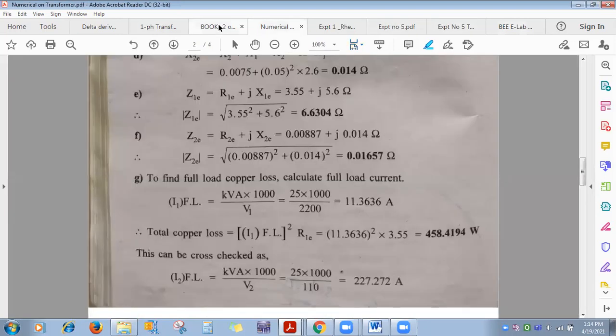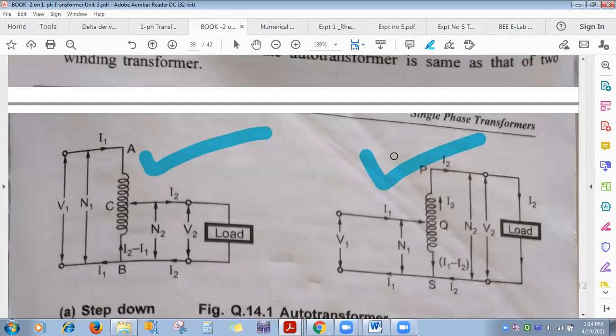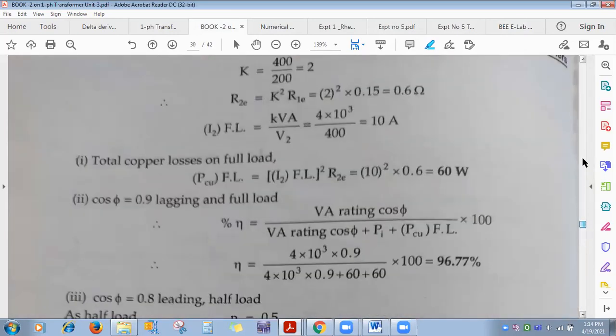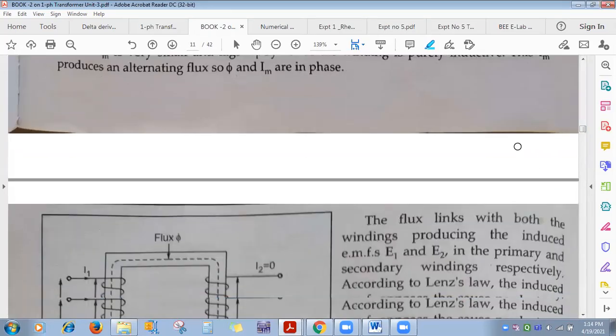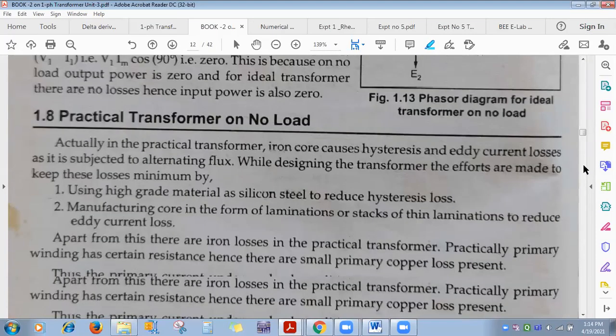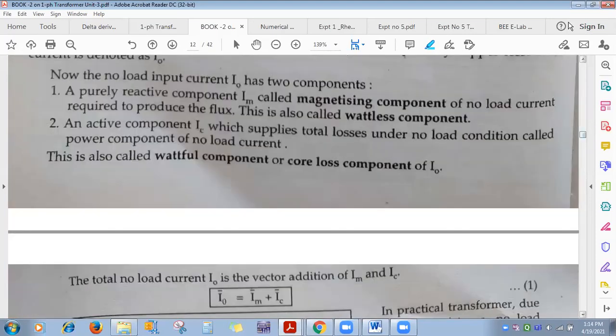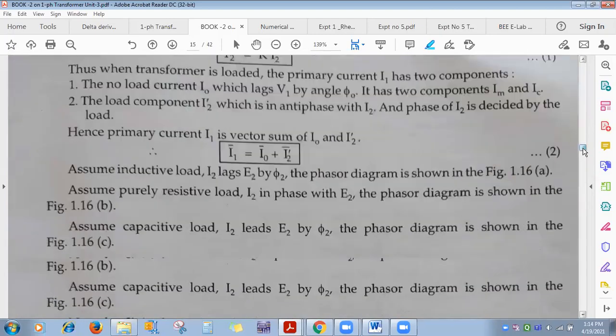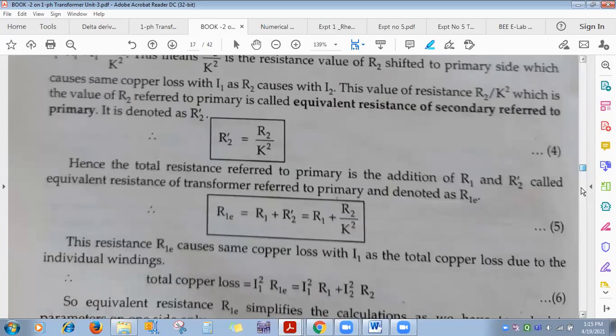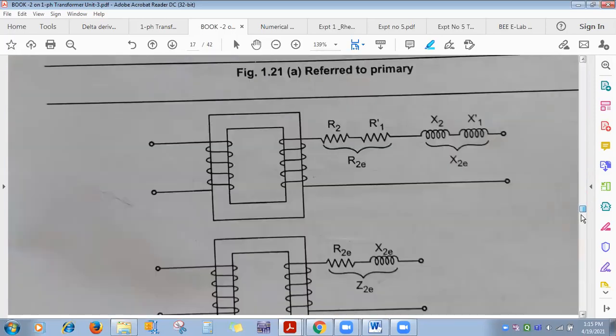Another formula is also there for the voltage regulation of a transformer. See here, on page number 25, which I already shared with all of you, the voltage regulation formula is there.